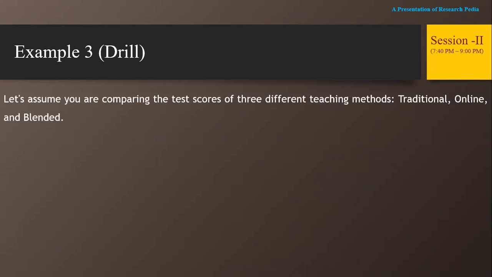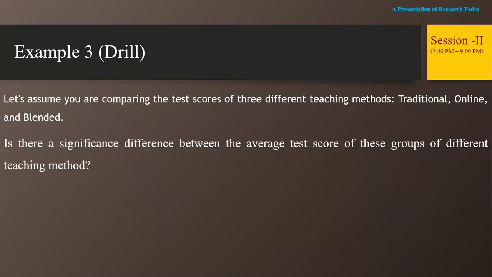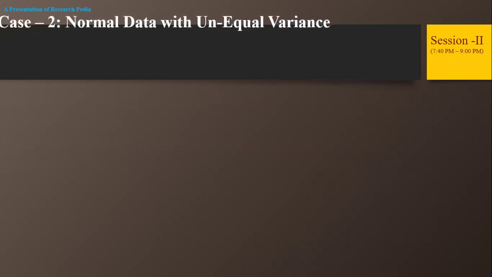Let us assume that you are comparing the test scores of 3 different teaching methods: traditional, online, and blended. Is there any significant difference between the average test scores of these groups of different teaching methods? You would try this data set as another example of understanding this process.